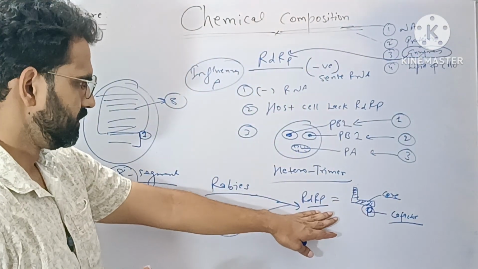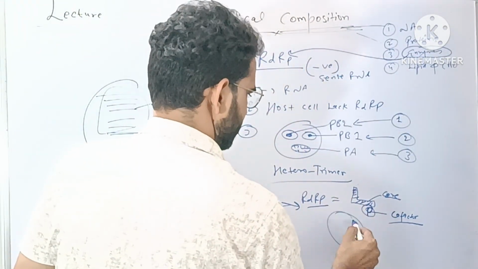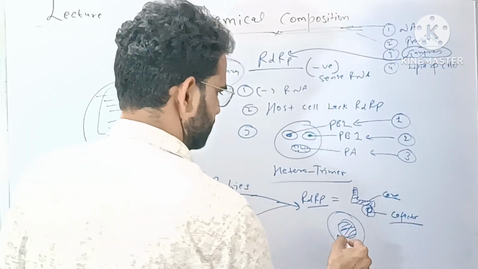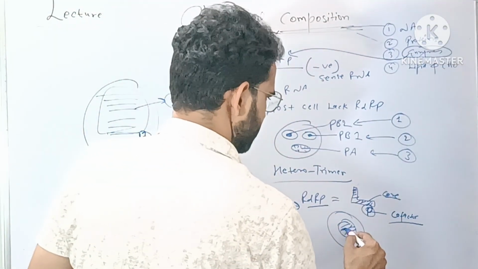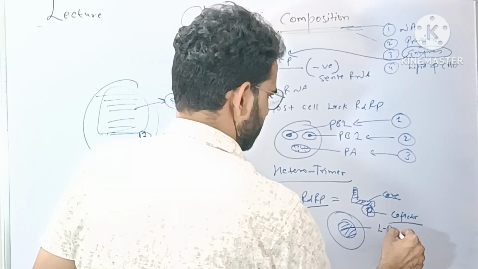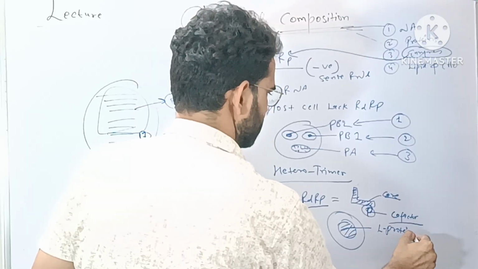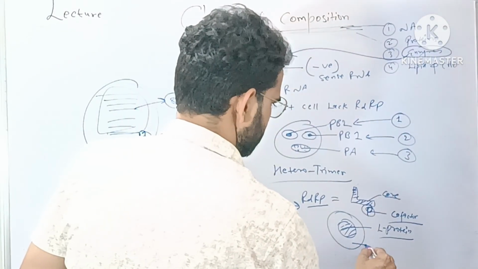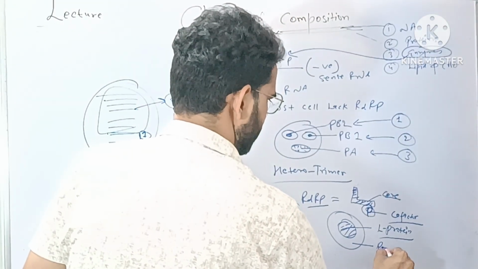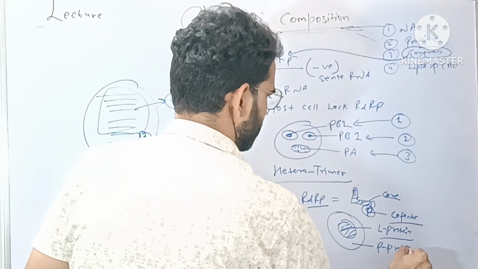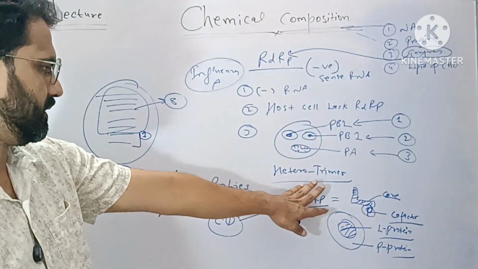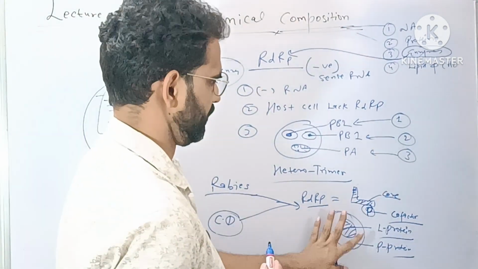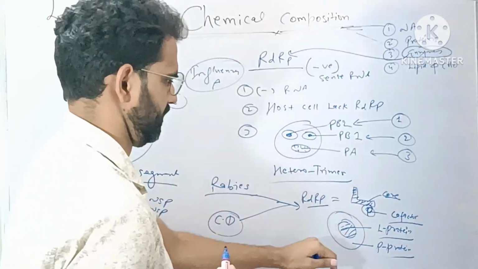So this is how rabies and canine distemper RdRp is composed of L protein and P protein.